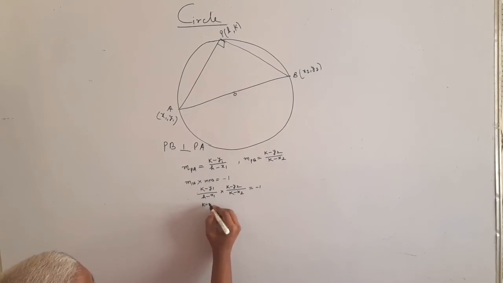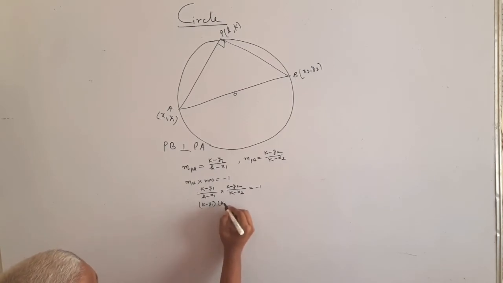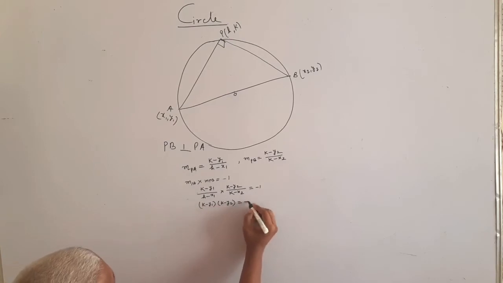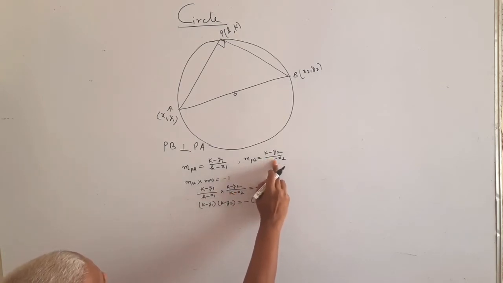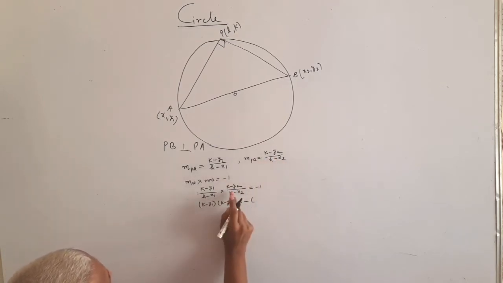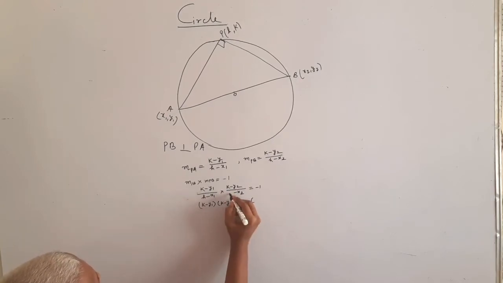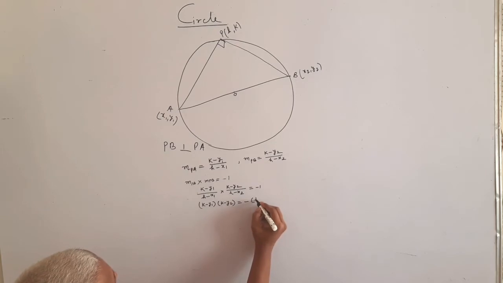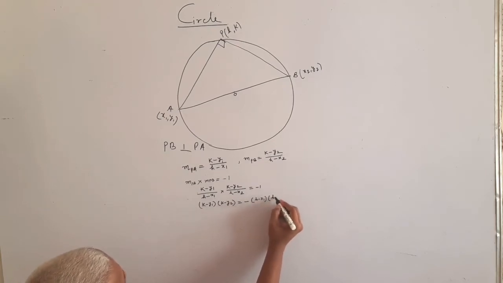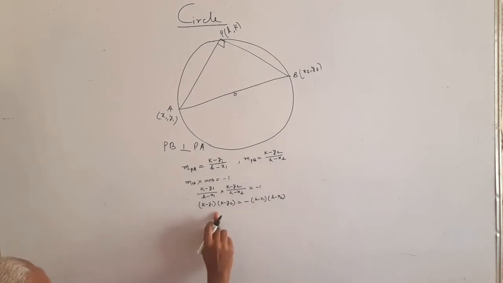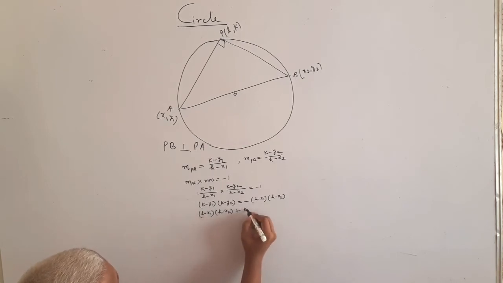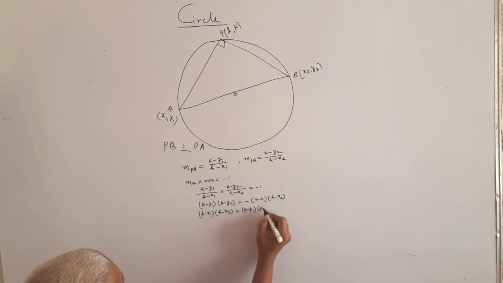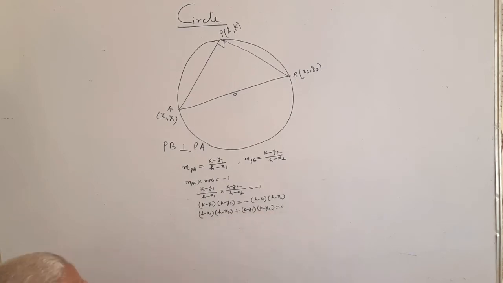So this will become k minus y1 into k minus y2 equal to minus h minus x1 into h minus x2. If you transpose this to this side, this will become h minus x1 into h minus x2 plus k minus y1 into k minus y2 equal to 0.